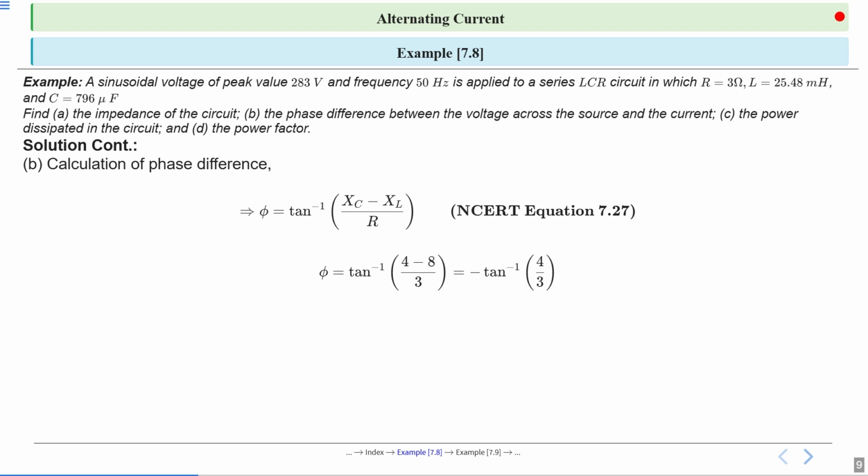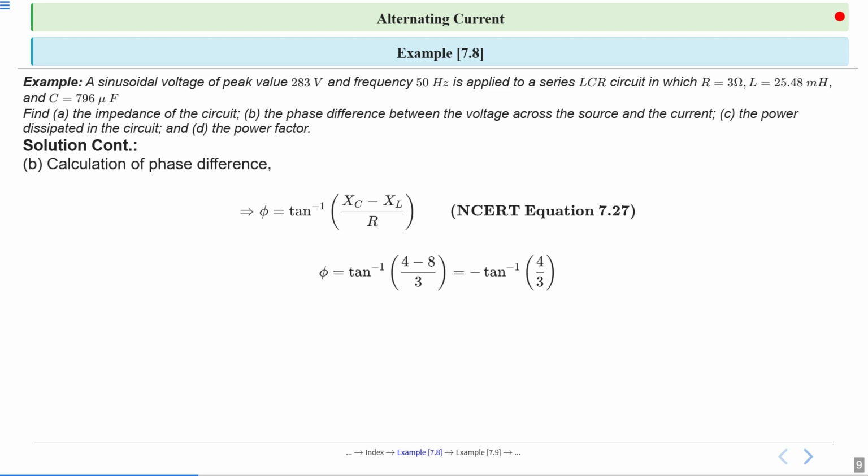We generally use this configuration of Pythagoras theorem, 3, 4, 5: base 3, perpendicular 4, and 5 is the hypotenuse. We use this right angle triangle very much in physics chapters, so that's why you have to remember tan 53 degree and tan 37 degree.